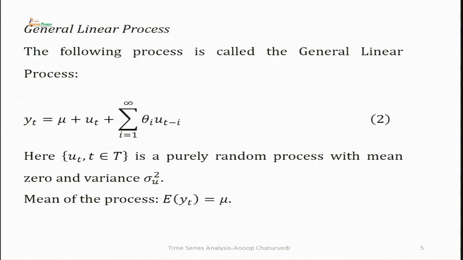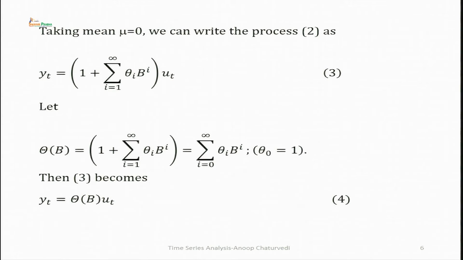You can easily verify that the mean of the process is mu, expectation of y_t is mu. Now, suppose you take mean mu equal to 0, then you can write the general linear process as y_t equal to (1 plus summation i equal to 1 to infinity theta_i B to the power i) u_t.